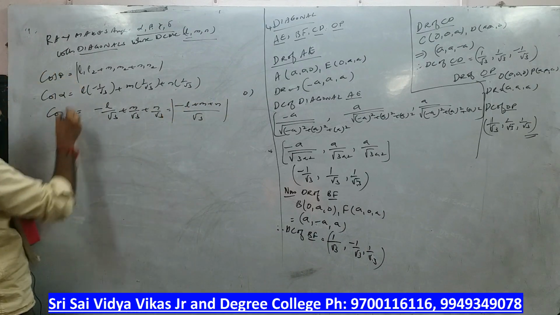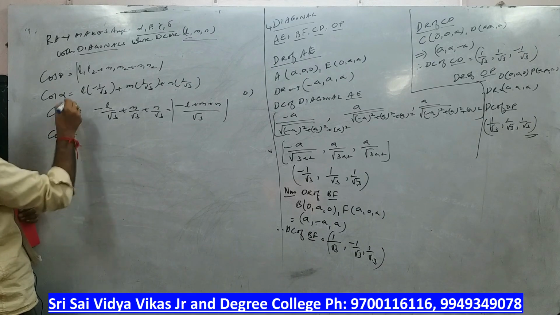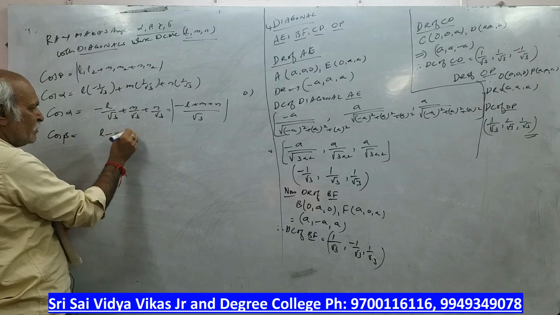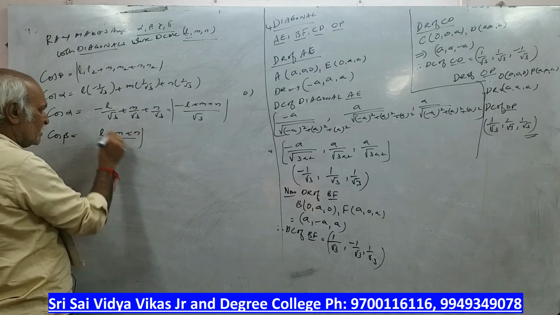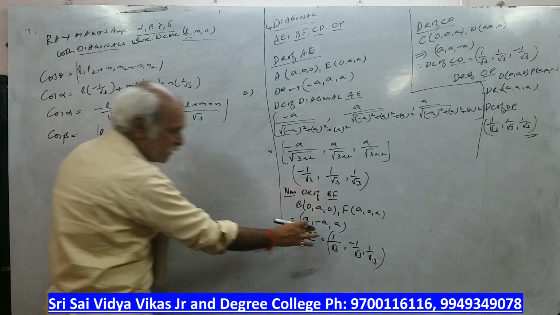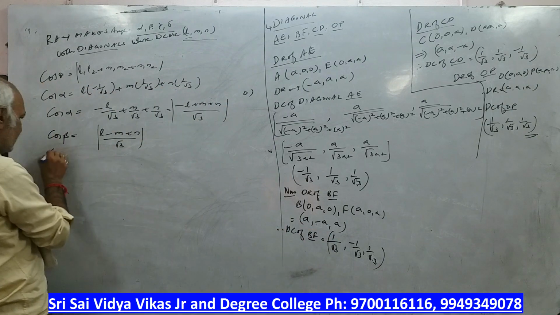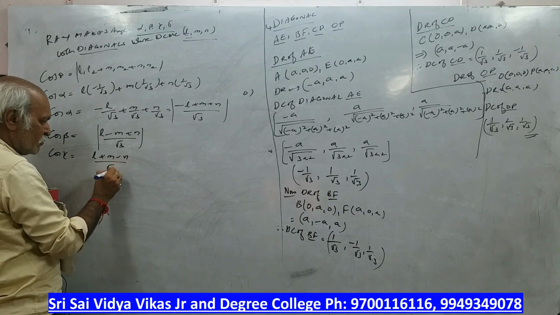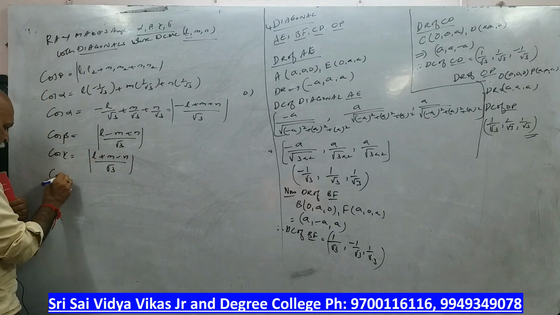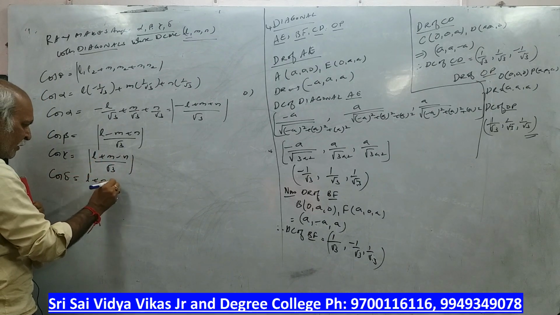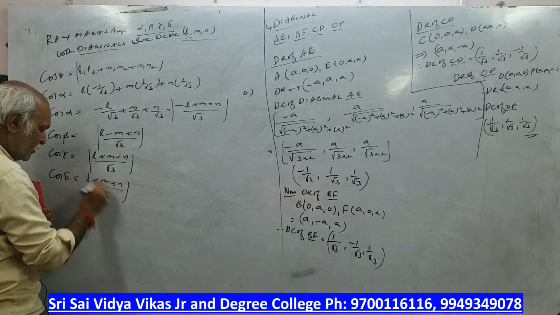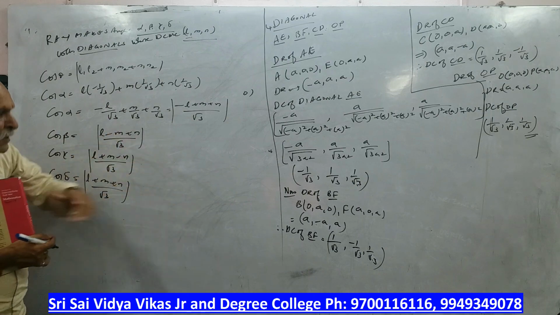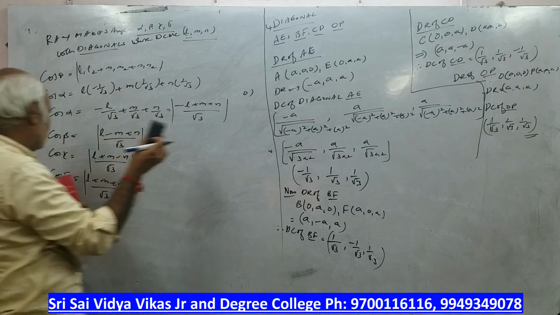Next, cos beta, using the same formula, becomes l minus m plus n by root 3 with modulus, because the minus sign is there. Next, cos gamma is l plus m minus n by root 3. Then cos delta is l plus m minus n by root 3. Understood? We got the first one, and automatically the second and third we copy likewise.